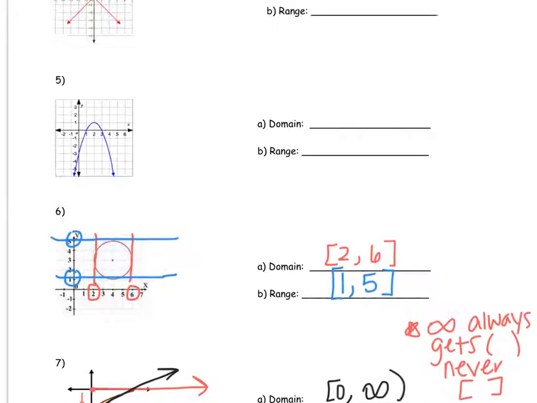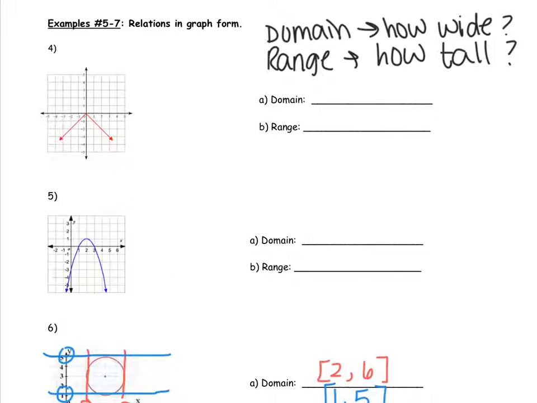Okay, now we can look at these examples, number 4 and number 5. So for number 4, I want to do the range first. How tall is this thing? Well, it looks like it's stopping here. This is how tall it is. And it's going down forever. So the range is from negative infinity to 0 with a bracket.